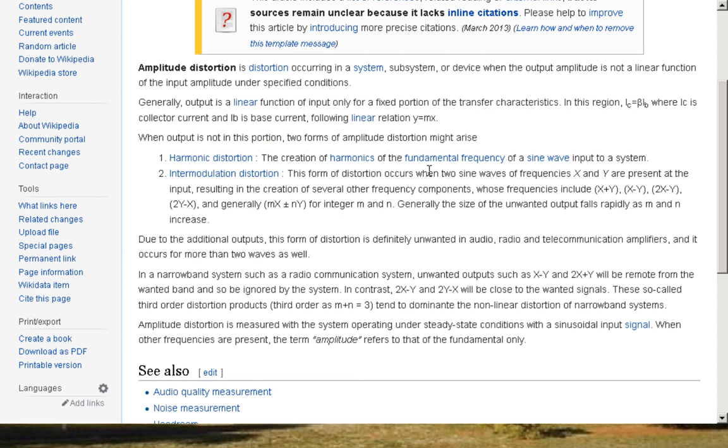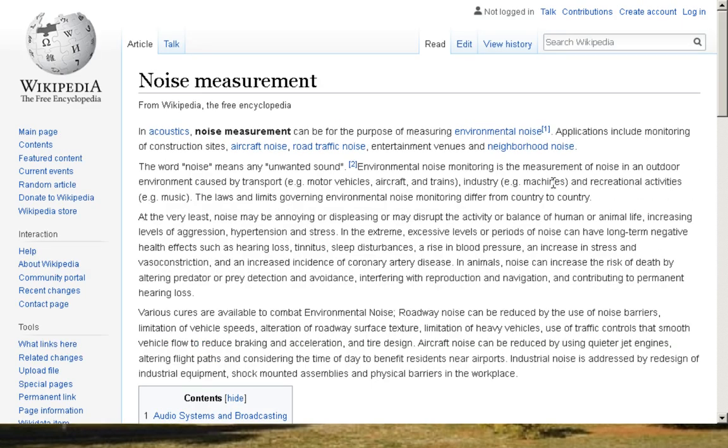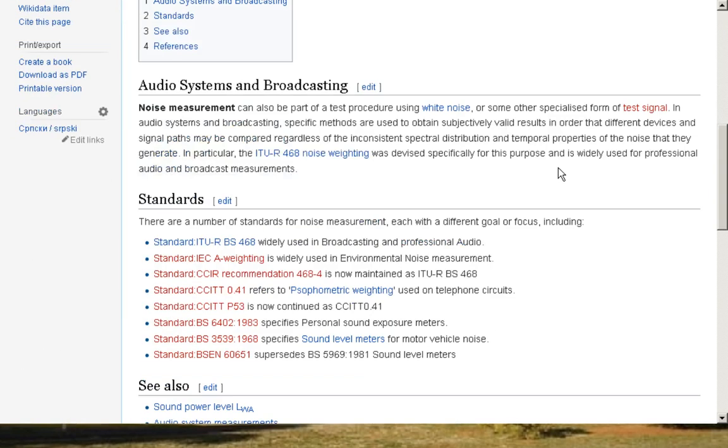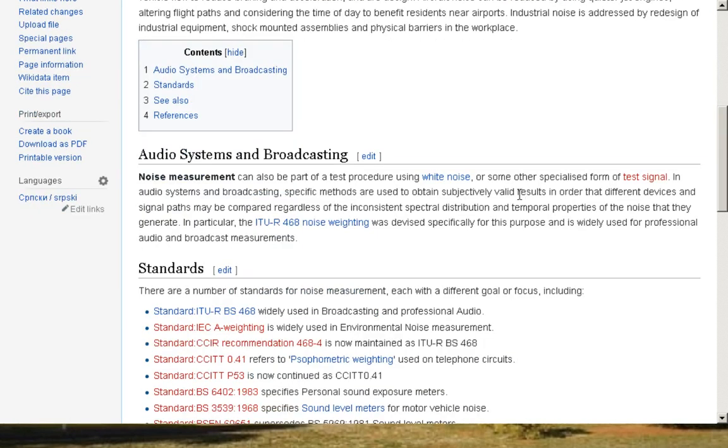The creation of harmonics for the fundamental frequency of a sine wave into an input, and intermodulation is two different signals beating against each other and causing noise and such. But they don't talk about noise measurement in here very good, do they?